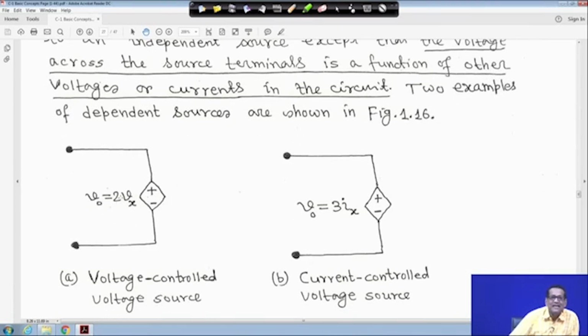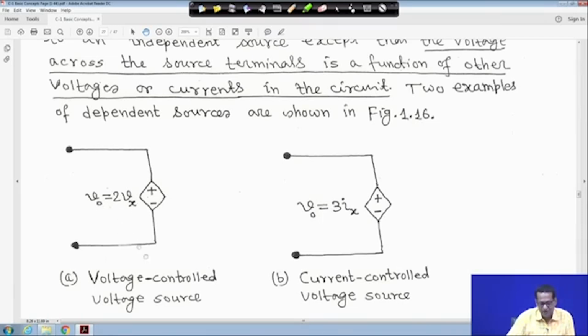In general, you can take A into Vx, right. A may be 1, 2, 3, 4 whatsoever, or less than 1 also. Here 2 into Vx is taken. This Vx is the voltage in the circuit across some other branch, right. But just symbolically it is shown that V0 is proportional to Vx. If Vx changes, then V0 will change, right.